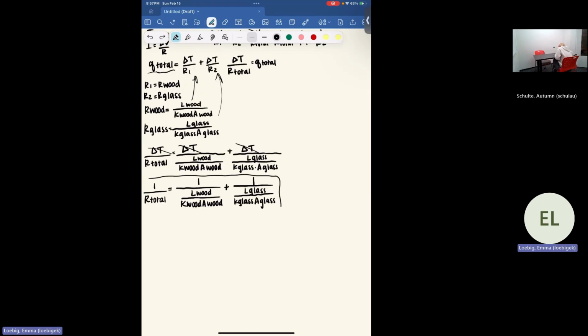And that is how you find the total resistance for something that is in parallel.